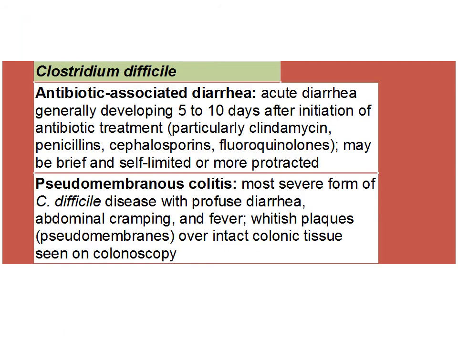So antibiotic-associated diarrhea is pretty much the most important clinical picture of Clostridium difficile, and that is not seen with any other bacteria that I've discussed so far. It is an acute diarrhea that develops 5 to 10 days after initiation of antibiotic treatment, especially if you put your patient on this one, right?